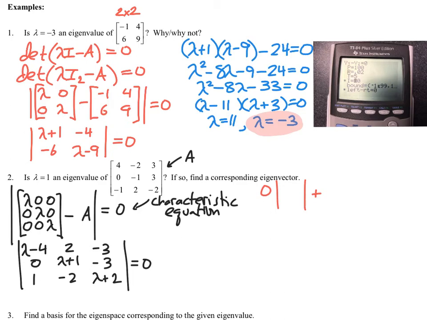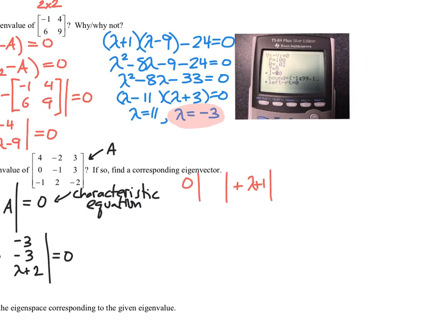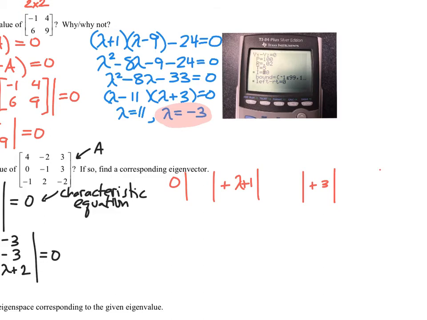So if we were in the first row, it would be positive, negative, so we have to be mindful of that, all right? So my second term or coefficient would be lambda plus 1. And then negative 3, but it's minus a negative 3, so plus 3, as it turns out.